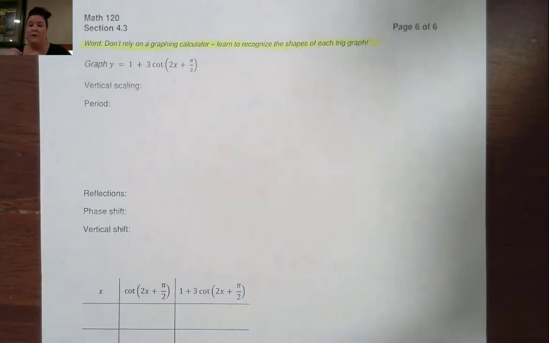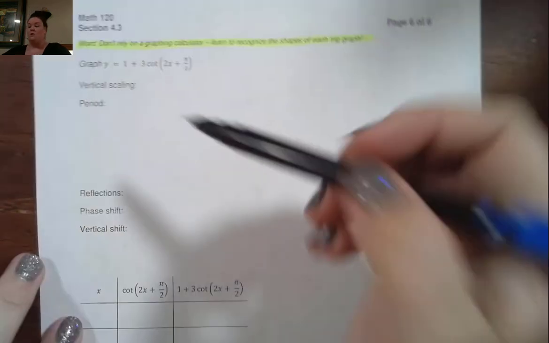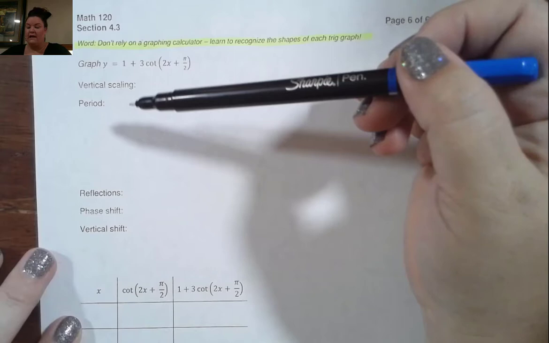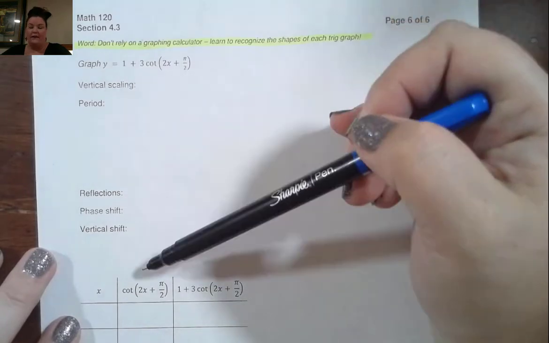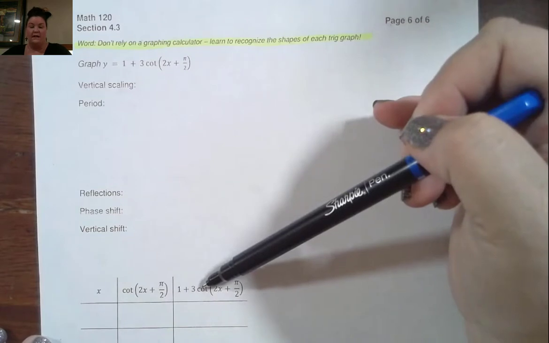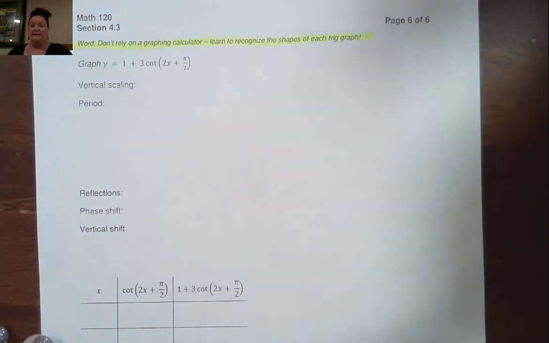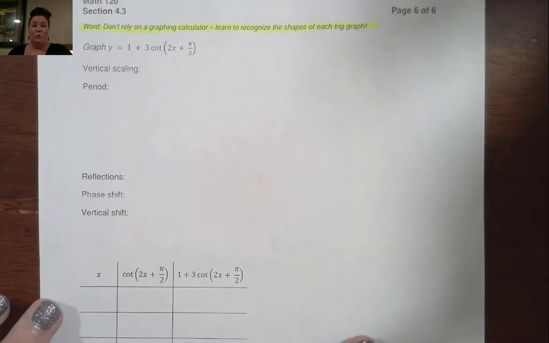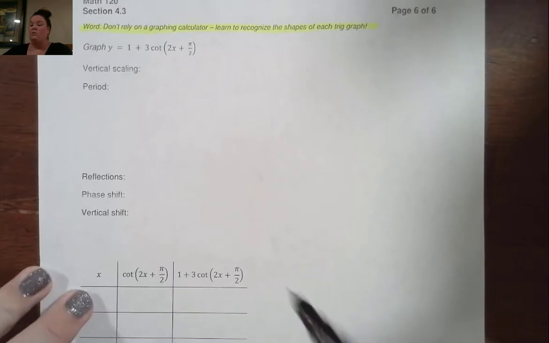So if all you have are answers and there's no work shown, you will not receive credit. So make sure you know how to find out if there's vertical scaling, the period, the reflections, all that jazz, that you know how to adjust your x's and then how to adjust your y's and how to graph it, okay? Because that's how your tests will be graded. So let's go ahead and fill in what we know.